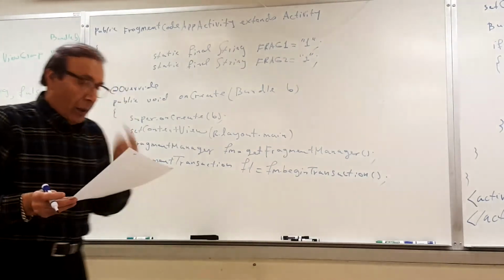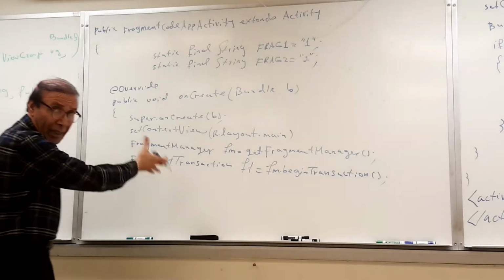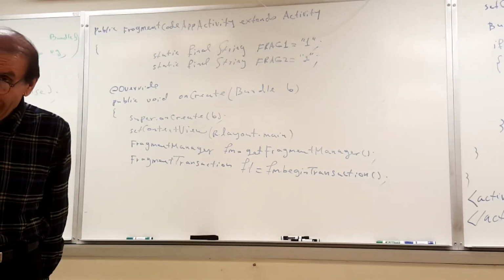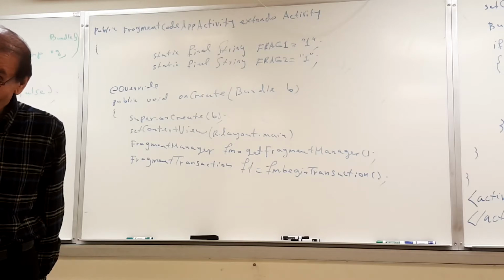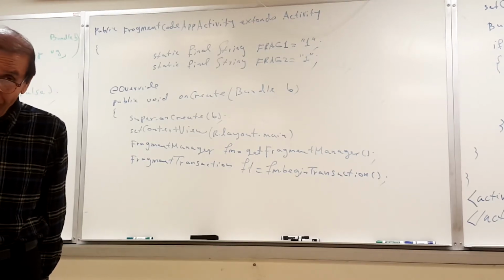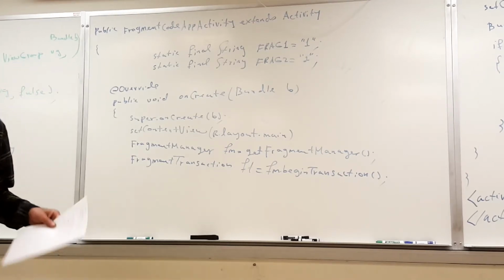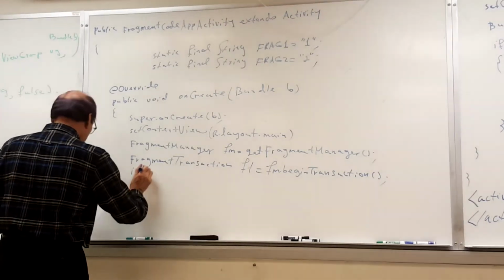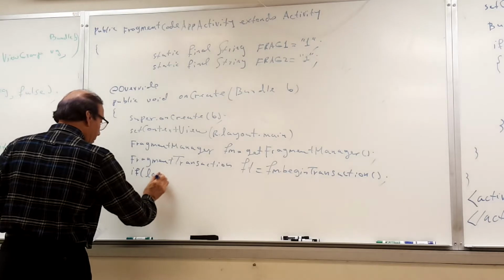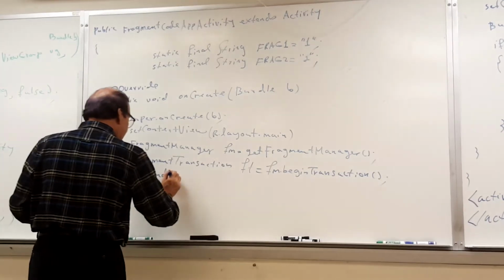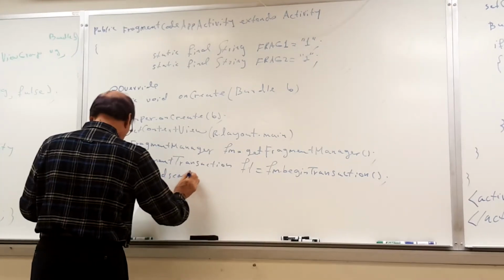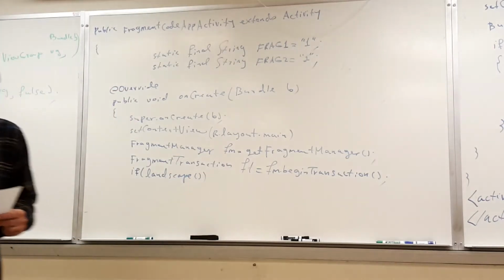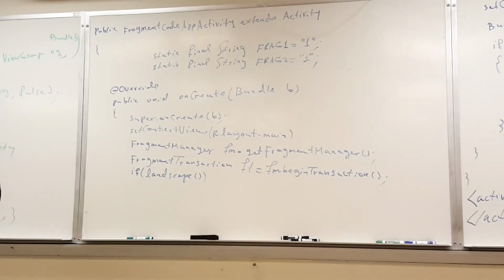Now, this is the main, right? This has to know if we are in a landscape or if we are in a portrait. Okay, let's take care of it. If landscape, what should we do in landscape, guys?